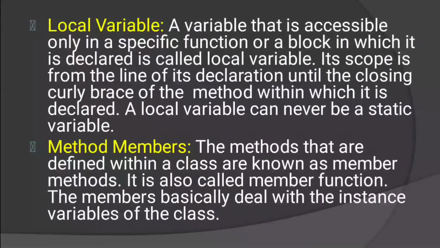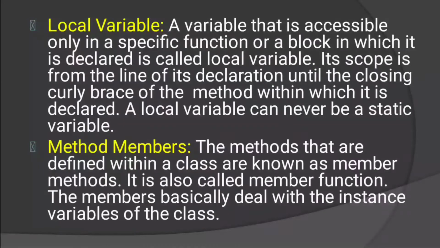If we declare a local variable under the main function, then that variable can be used only under the main function. If we want to use it outside of the main function, then we cannot. Understood? That is local variable.